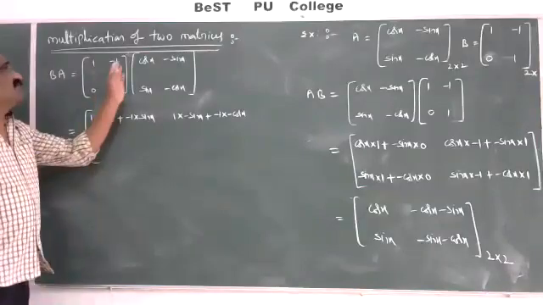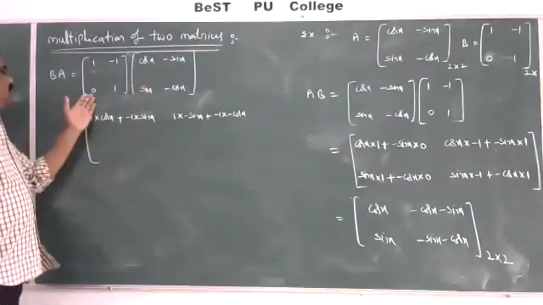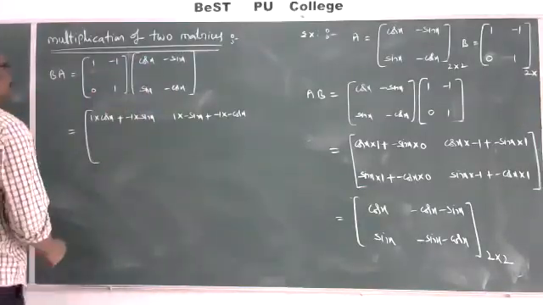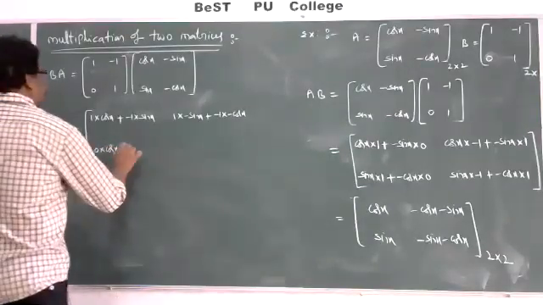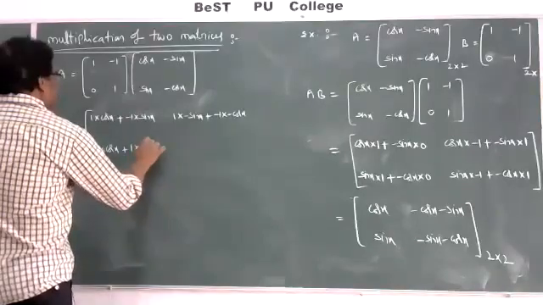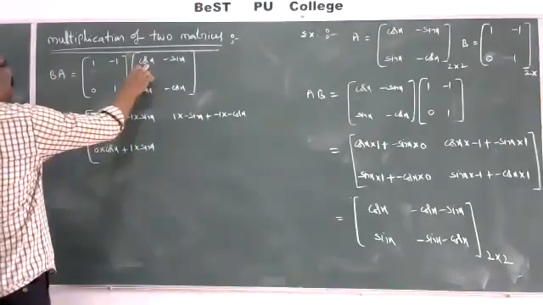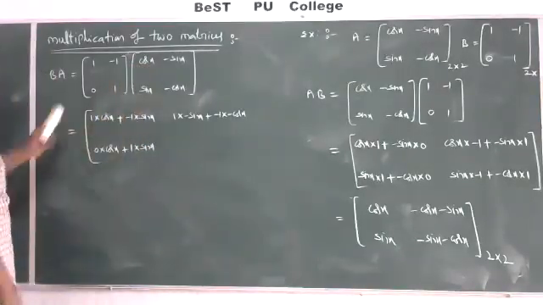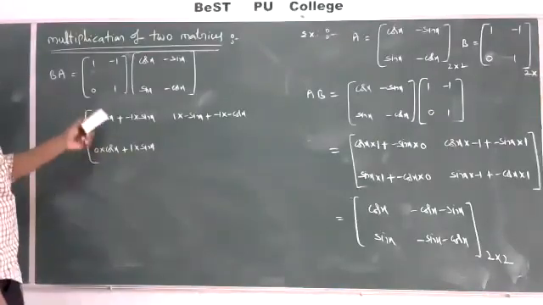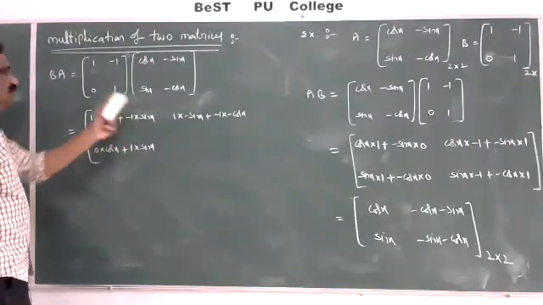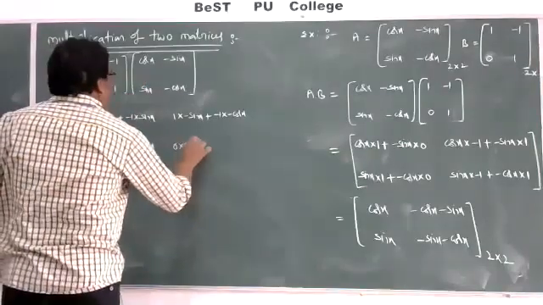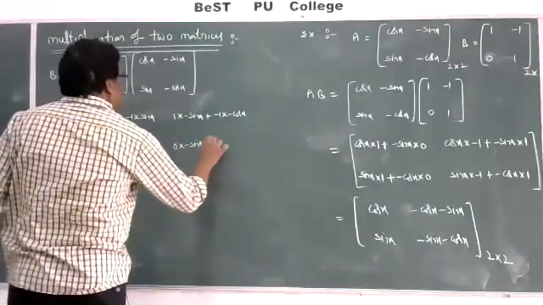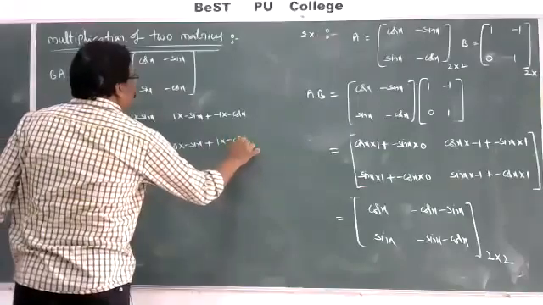That is, the operation of the first row is over. Then second row, first column: 0 into cos x plus 1 into sin x. Then second row, second column: 0 into minus sin x plus 1 into minus cos x.